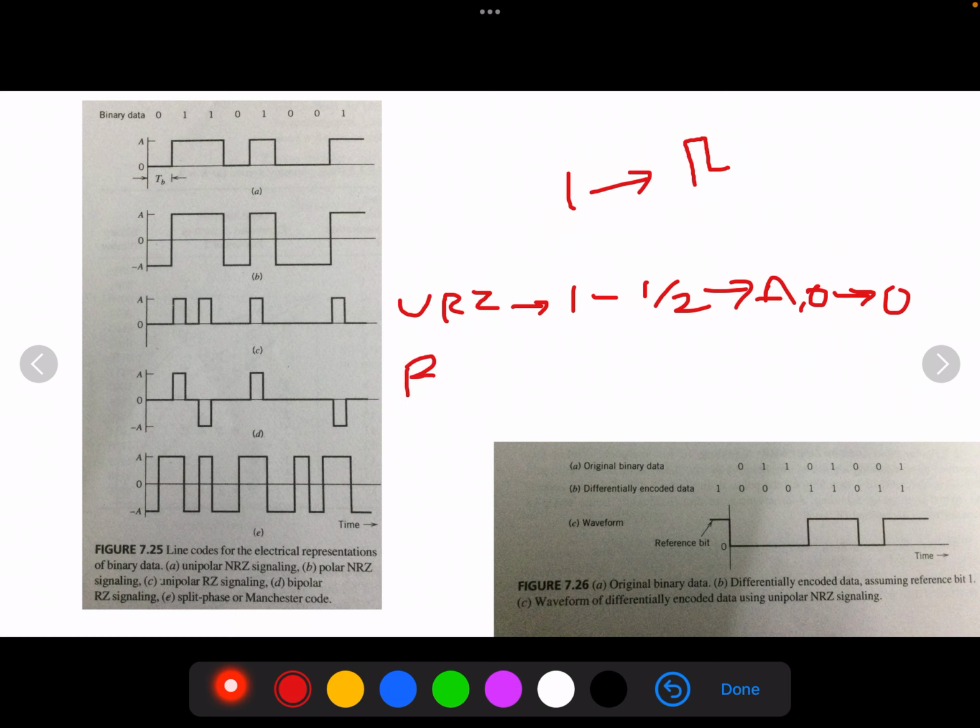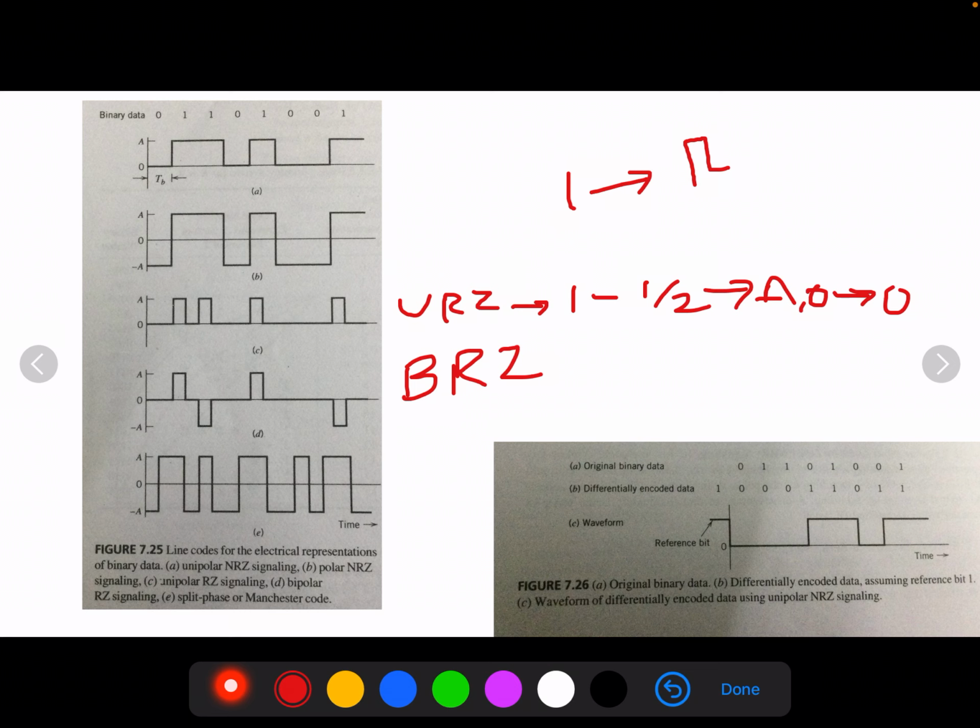Next type is bipolar return to 0 signaling. This line code uses 3 amplitude levels. Positive and negative pulses of equal amplitude, that is plus A and minus A, are used alternately for symbol 1, with each pulse returning to neutral, and 0 is represented as no pulse.